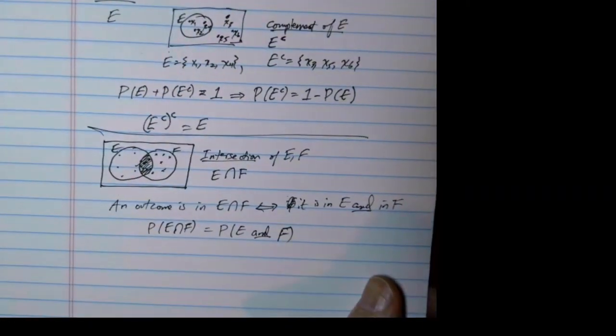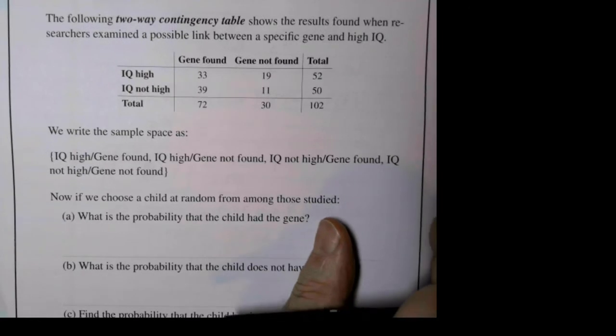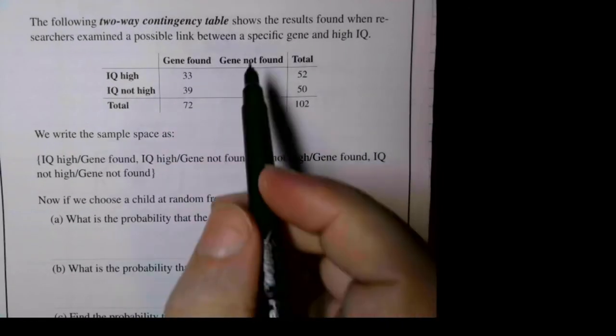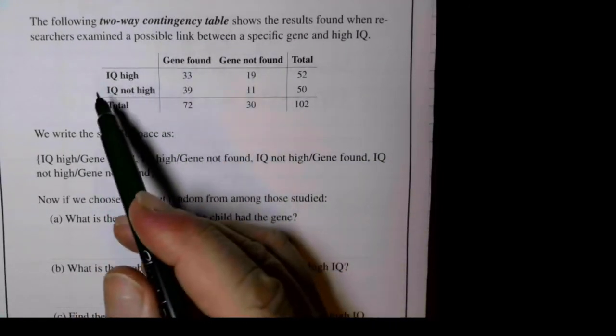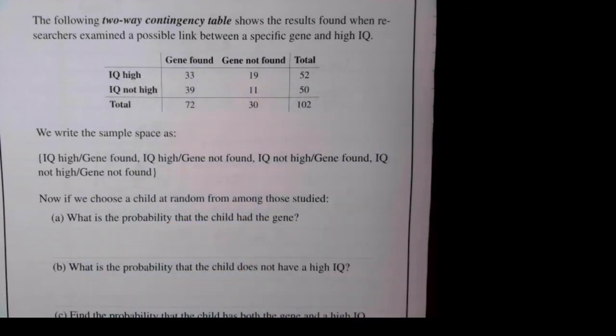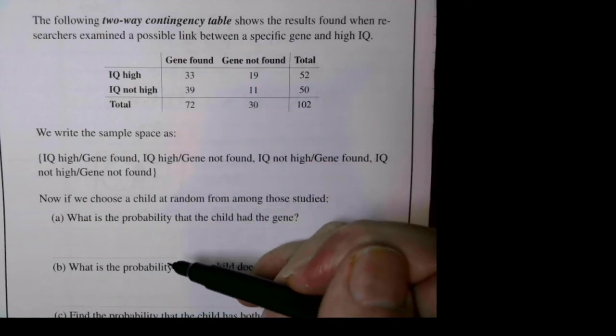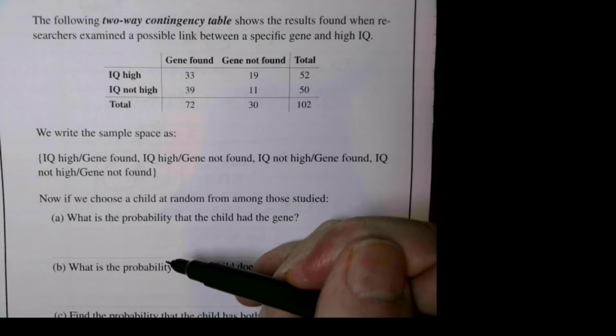One more topic, the last one in this section, contingency tables. This is a particular two-way contingency table, so-called because there are 2 rows and 2 columns. This particular one shows the results that were found when researchers examined a possible link between a specific gene and a high IQ.